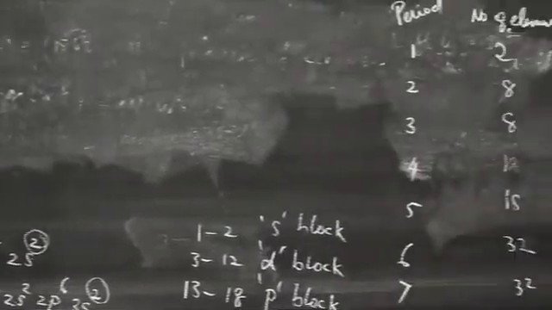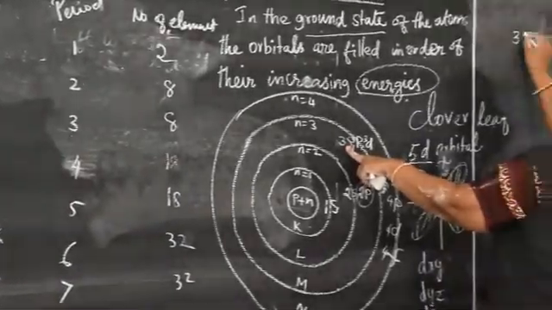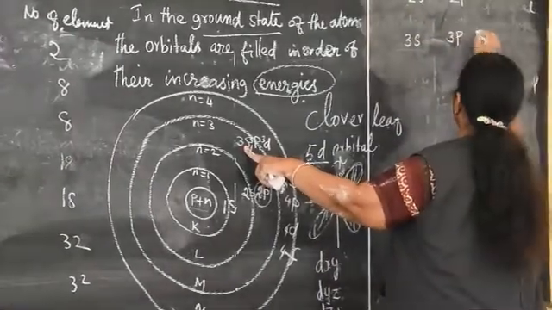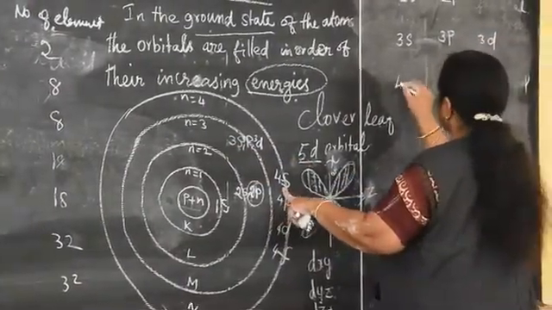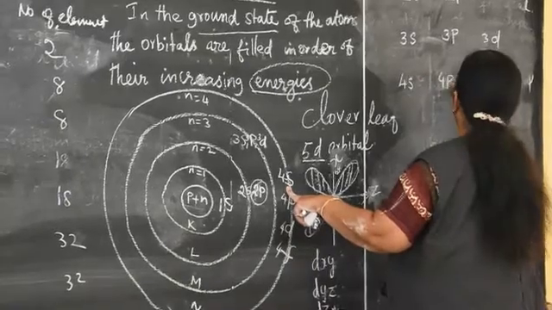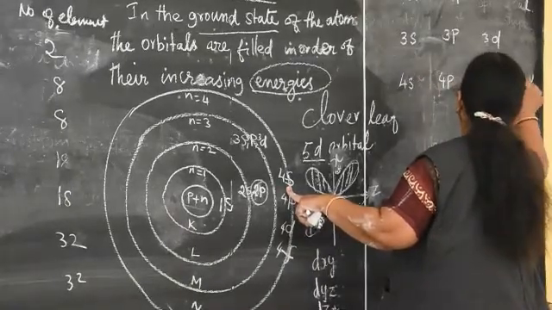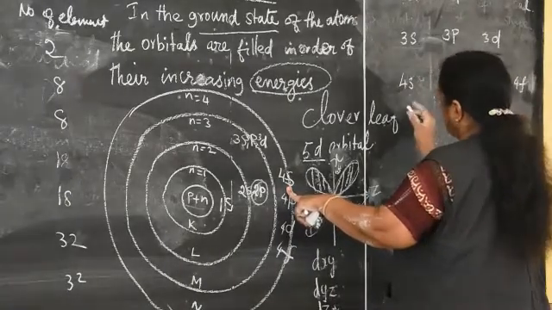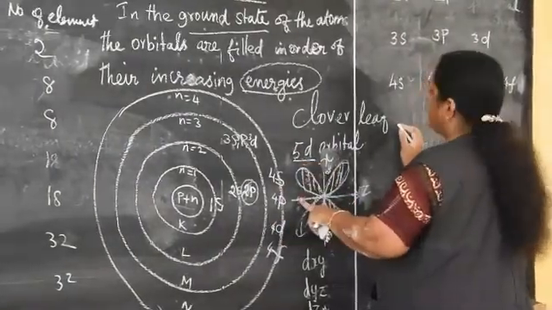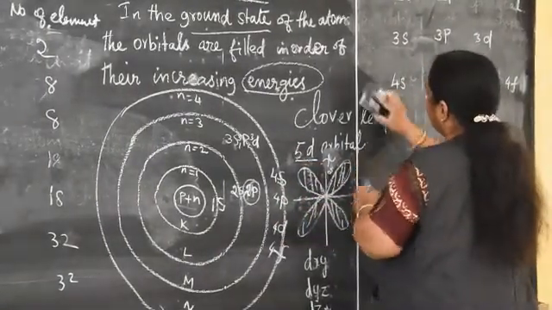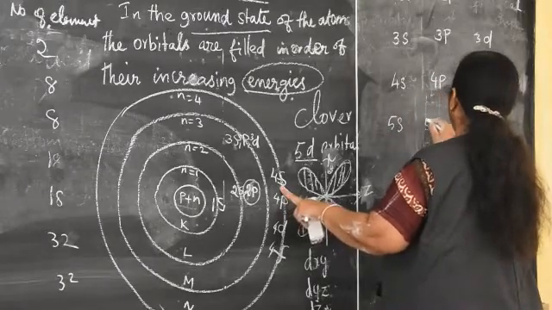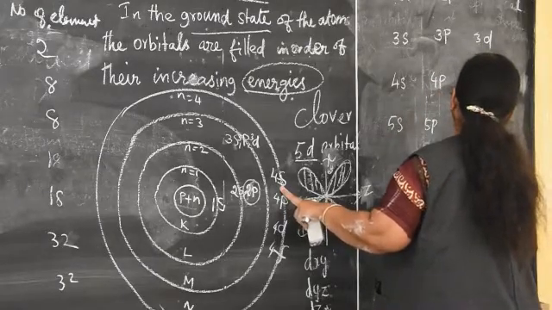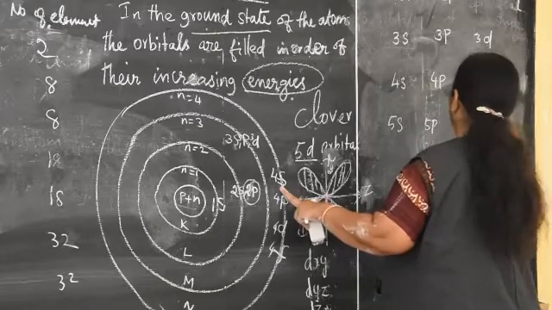Then the third shell: 3s, 3p, 3d. The fourth: 4s, 4p, 4d, 4f. Then the fifth energy level: you can write 5s, 5p, 5d, 5f, like that.